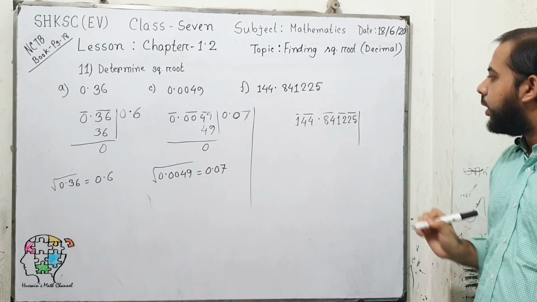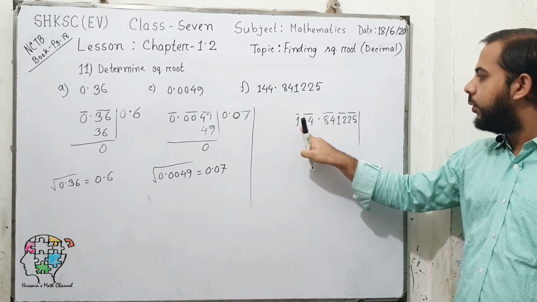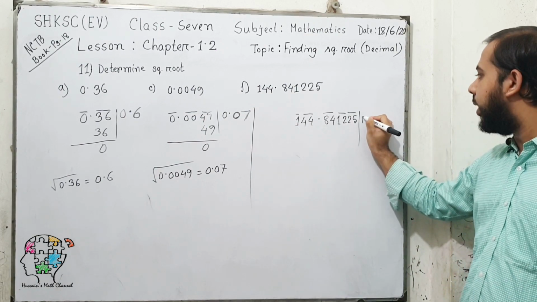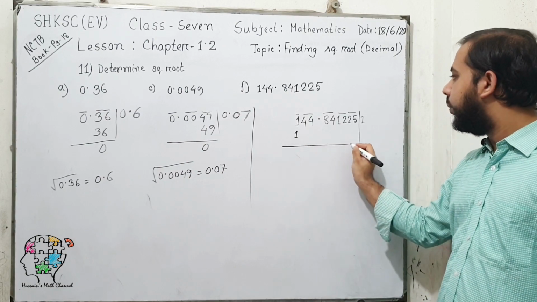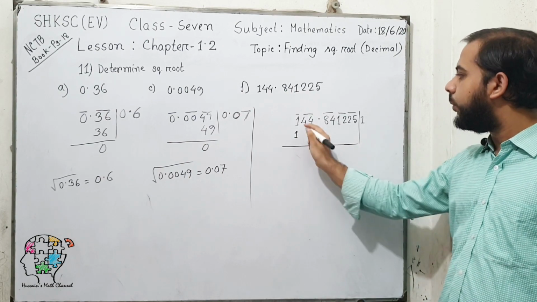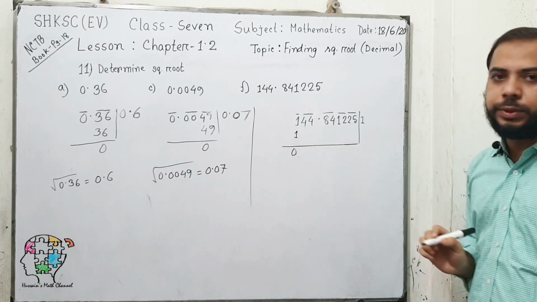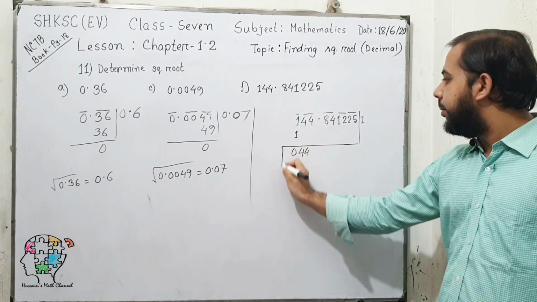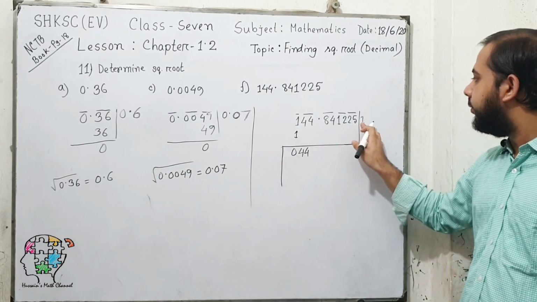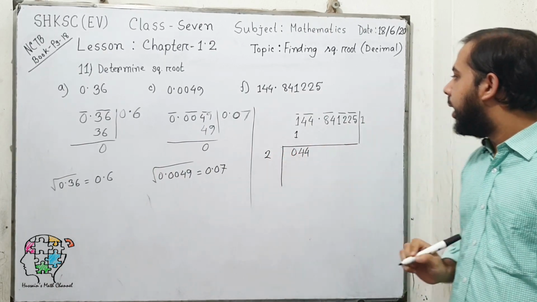Now we see 144, or if we take just 1, so 1 ones are 1, and after subtracting we'll get just 0, and then we put down the next pair. The next pair will be 44. Now as you can remember, it should be doubled. If we double 1, we get 2.